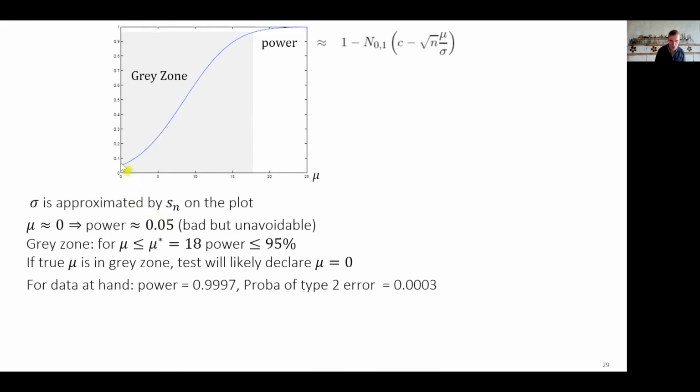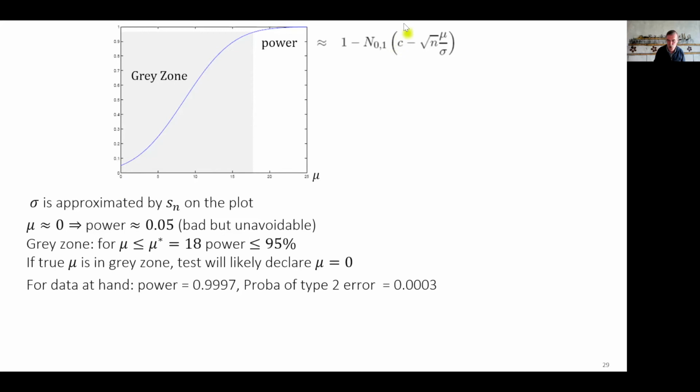And we see that when mu is 0, the probability is 5%, which is very small, because that's the probability of deciding for H1 when the true value is in H1 here, when mu is an epsilon larger than 0 here. Why do we find precisely 5%?